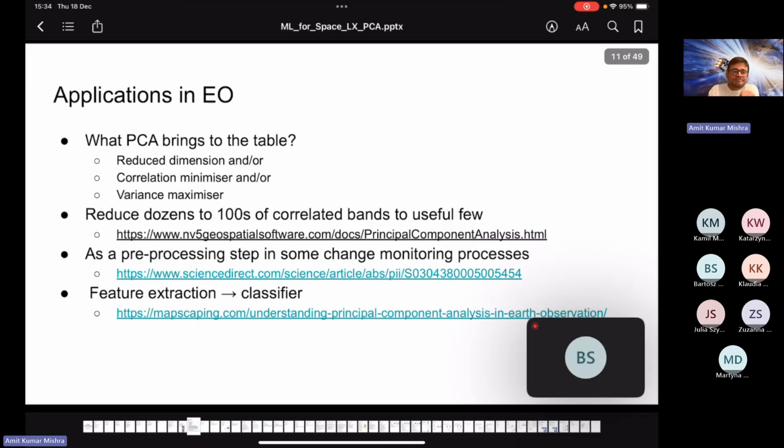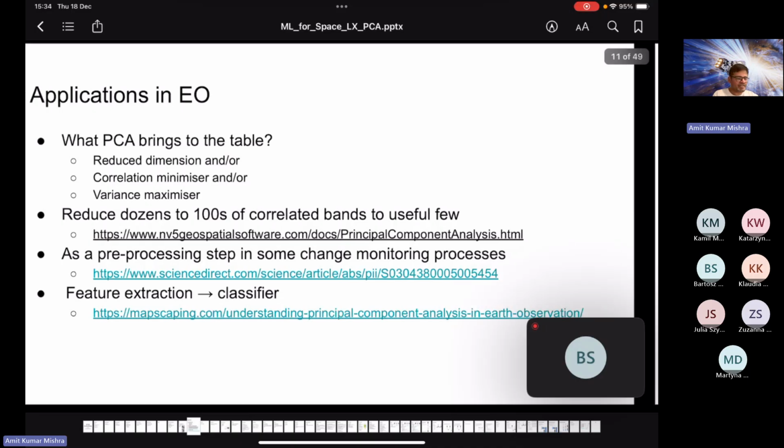It can also be used as a pre-processing step in some of the change monitoring algorithms. There are also a lot of applications where the principal components are used as features and then fed to a classifier. That's also quite common in application. And I have given some examples of the use of PCA in EO.